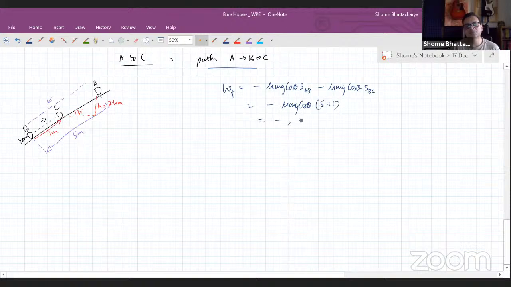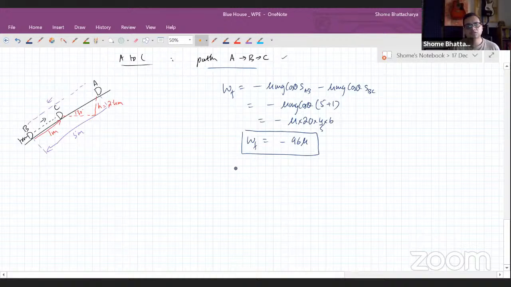So it will be minus mu into 20 into 4 by 5 into 6. That's 16 into 6, so minus 96 mu. This is the net work done by friction for this path A to B to C.